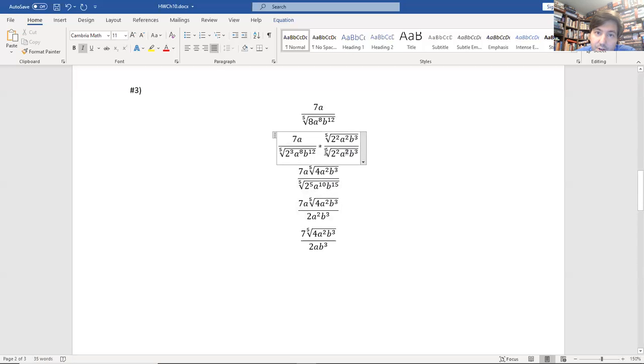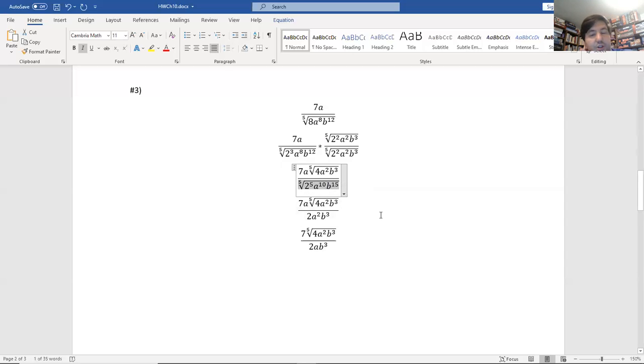Now, if I do this crazy thing on the bottom, I have to do the exact same thing on the top. I have to be fair. I'm going to do 7a times all this junk over here. In the meantime, what I'm now going to do is work out the fifth root of all this stuff on the bottom.